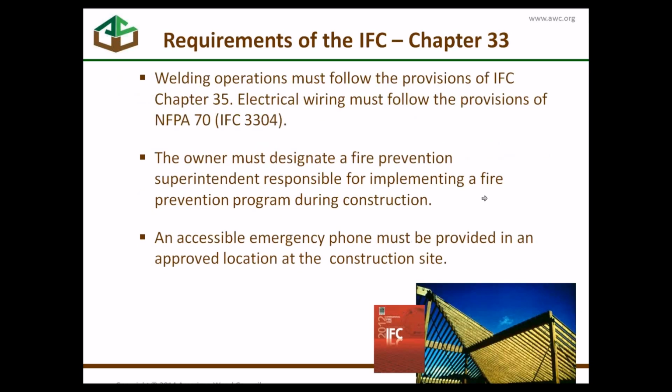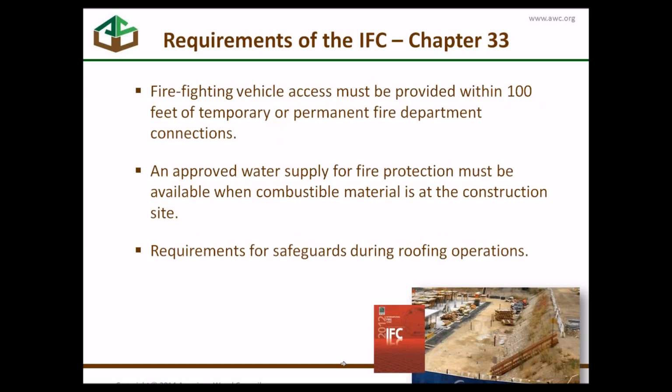The owner, the project, through the designer perhaps, or through the construction company, the contractor has to have a fire prevention superintendent who has to be implementing a fire prevention program during construction. And then you've got other things, precautions about welding, accessible emergency phone. Firefighter vehicle access has to be provided during construction. An approved water supply has to be available. And there's other safeguards during roofing operations.